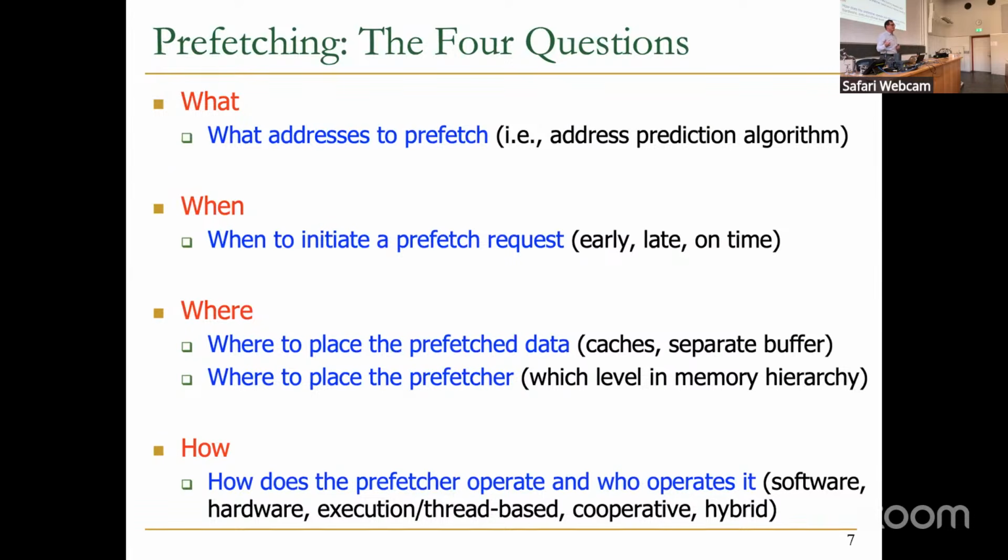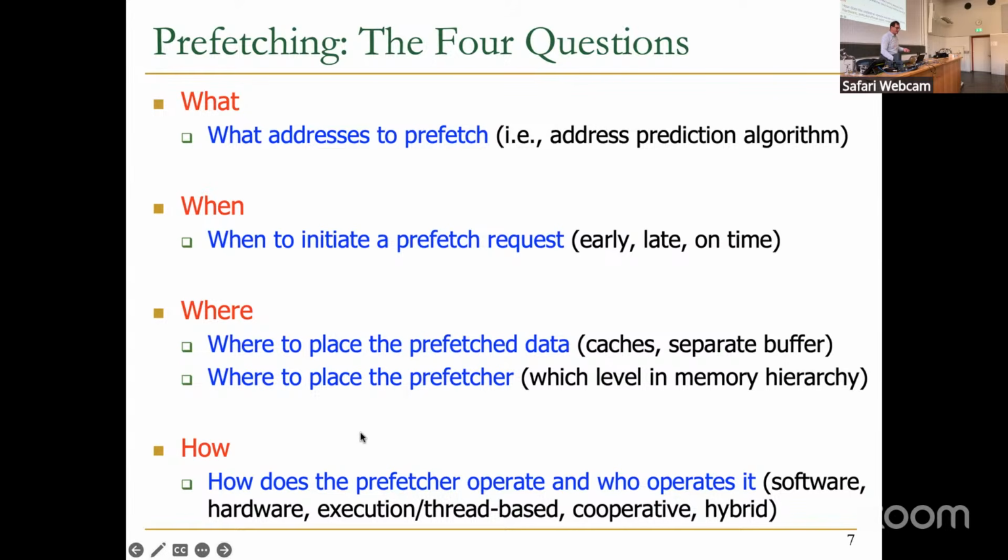Where do you prefetch into, and where do you place the prefetcher, and where to place the prefetch data? There are many things over here, but we also discussed that separate buffers are very hard to implement because modern memory hierarchies are very complicated. So most systems today, actually almost all systems today, prefetch into caches.